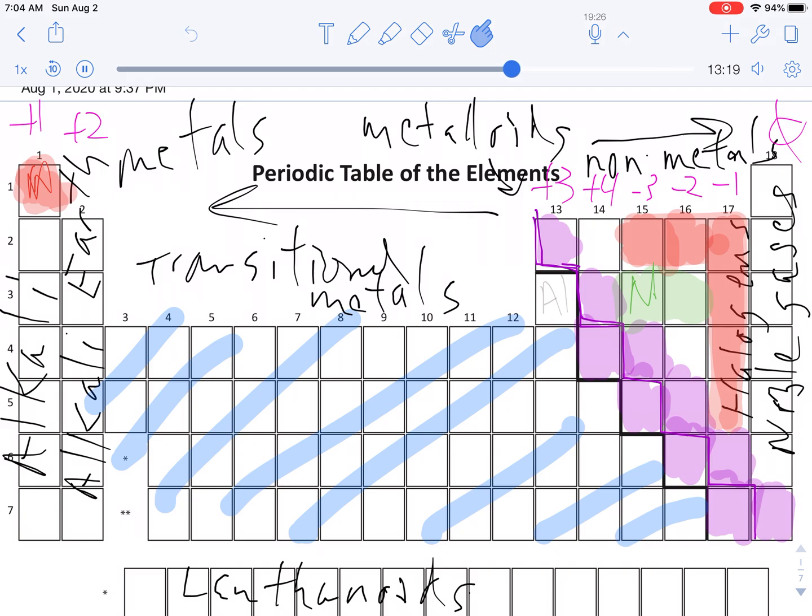Those you can just memorize. So everything in the very first column has got a +1, everything in column 2 has got a +2, everything in column 13 has a +3, then +4, and then it counts down -3, -2, -1, 0. And since aluminum is right here, aluminum has a +3 charge. Okay?